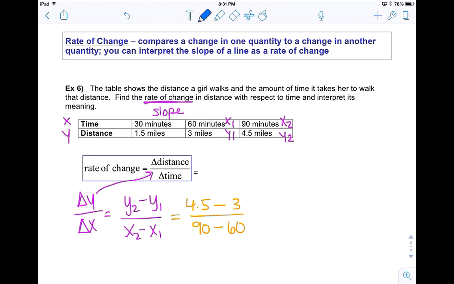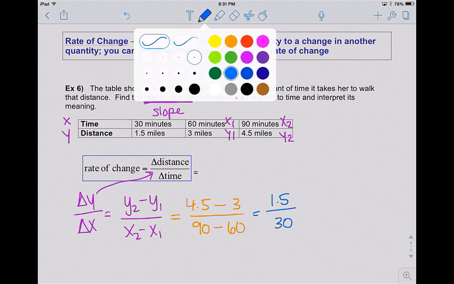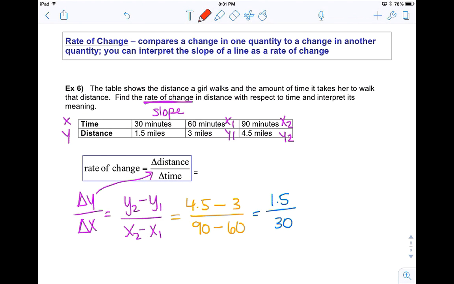And just like those first few problems, we have our numbers plugged in, so let's simplify. 4.5 minus 3 leaves me with 1.5. 90 minus 60 leaves me with 30. So then, for our final answer, with real-world examples, sometimes it's not convenient to completely simplify here, to actually divide that out, especially since one of these numbers is a decimal, but we can put labels to it.